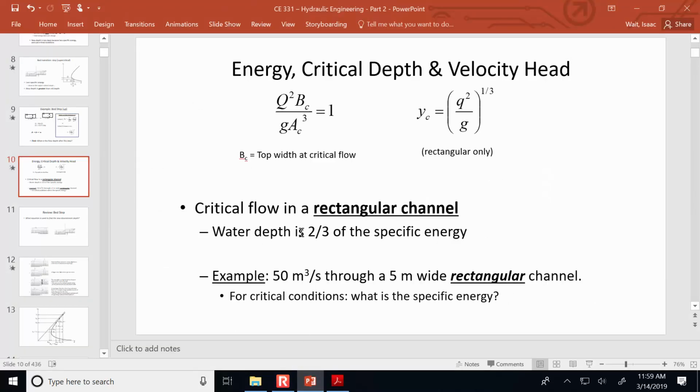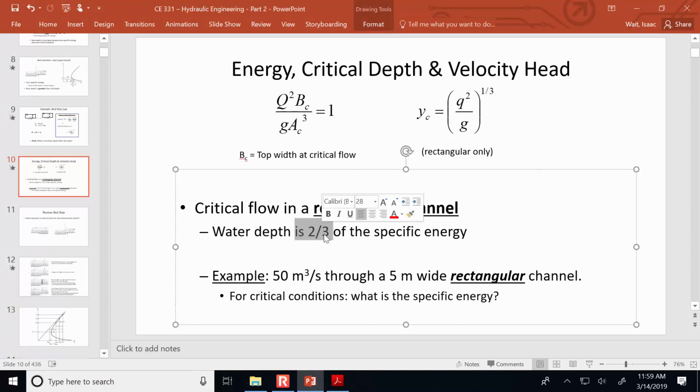Now, what I told you is that the critical flow is 2/3 of the specific energy. So y sub c is 2/3 of E. Another way of saying that is that E is 3/2 of yc.